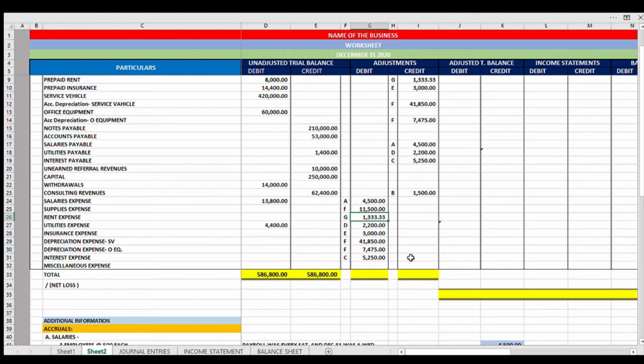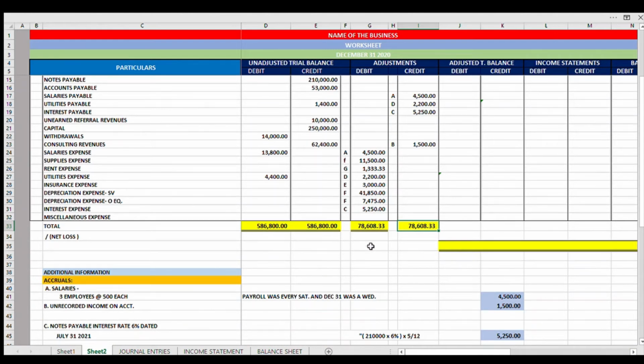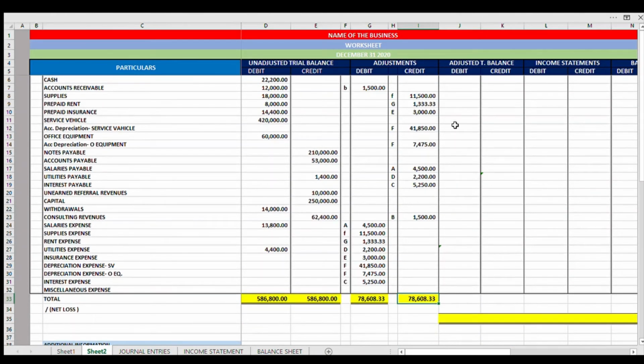Okay, so let us check the total, no, of our entries. So we have 78,608.33 for the debit and the credit. So far, balance ang ating adjustment.